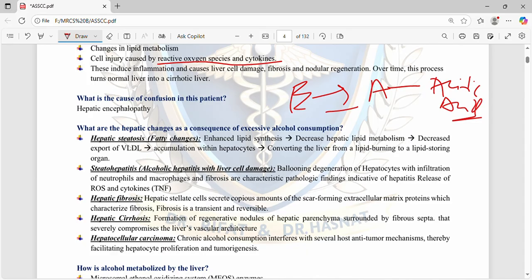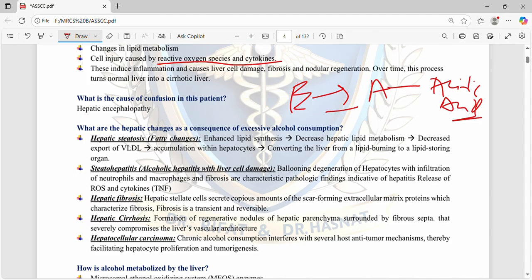Hepatic cirrhosis: formation of regenerative nodules of hepatic parenchyma surrounded by fibrous septa that severely compromise the liver's vascular architecture, and this will result in portal hypertension. Hepatocellular carcinoma: hepatocytes themselves can be converted into hepatocellular carcinoma.